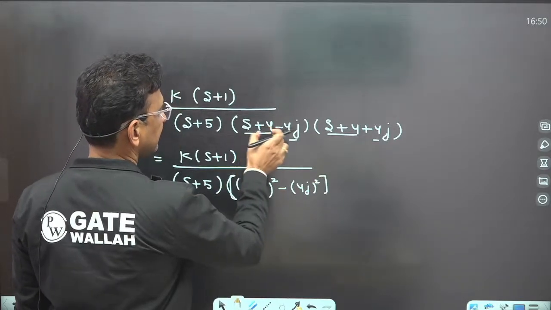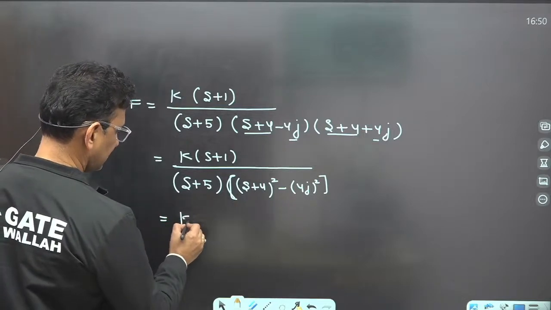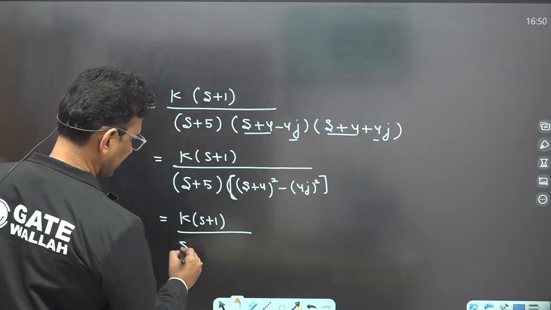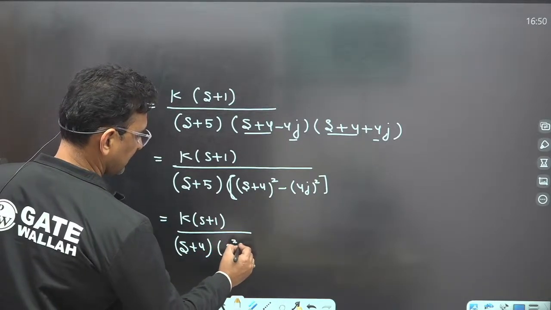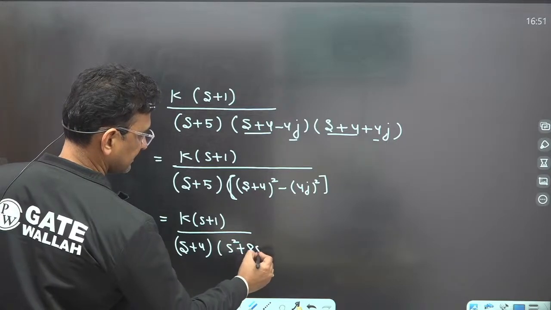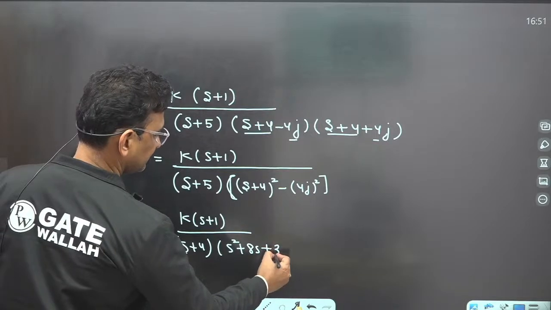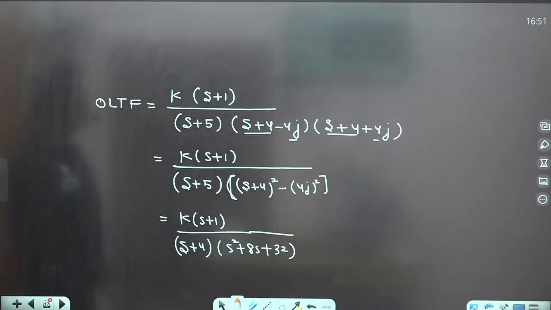Taking S plus 4 as A and 4j as B, A minus B, A plus B gives A square minus B square. So K, S plus 1, S plus 4, S square plus 8S plus 16 plus 16, that is 32. Clear?